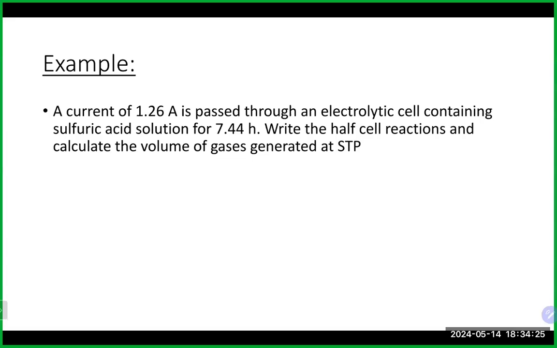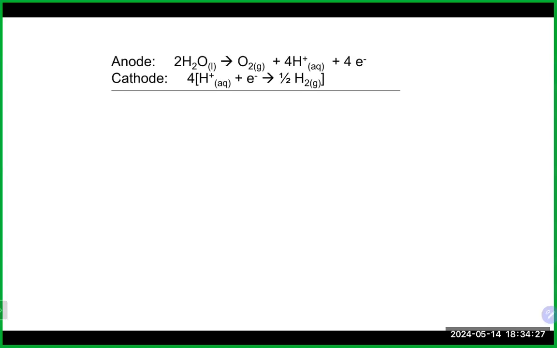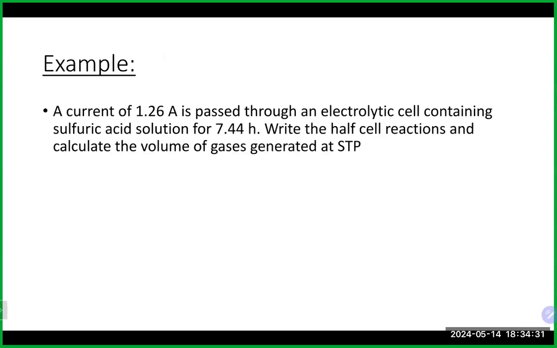So why don't you give it a go? I will give you the half reactions that we saw previously. And in this case, we are running the cell for 1.26 amperage, I think it was 7.44 hours. And we're at STP. We're looking for the volume of hydrogen and oxygen gas.